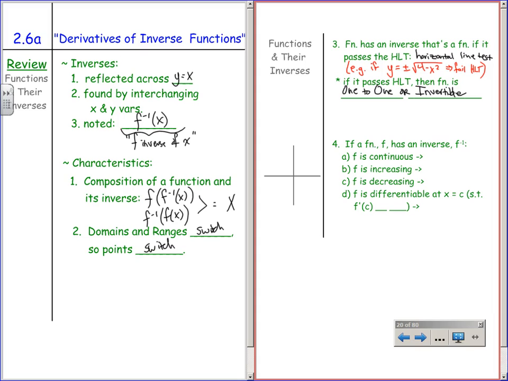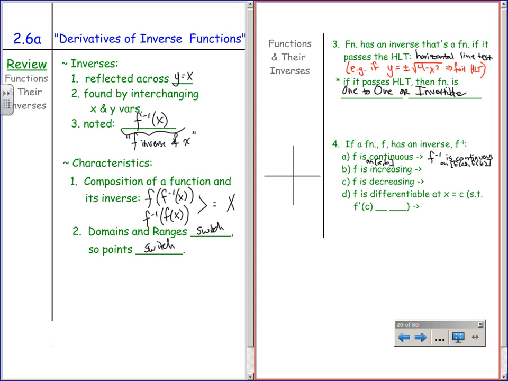If a function has an inverse function, and if f is continuous, guess what? F inverse is continuous. Here's the struggle though. If f is continuous on an interval AB, f inverse is continuous on the interval f of A, f of B, because the x's of the original are the y's of the inverse.